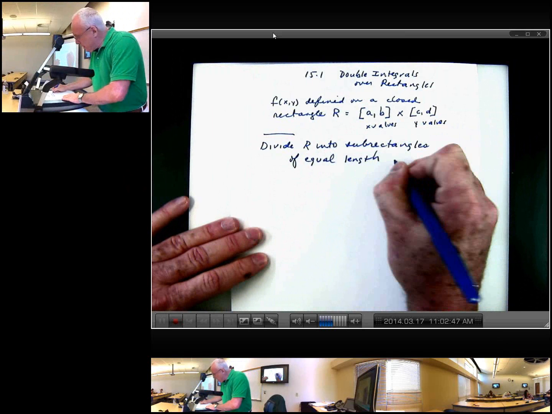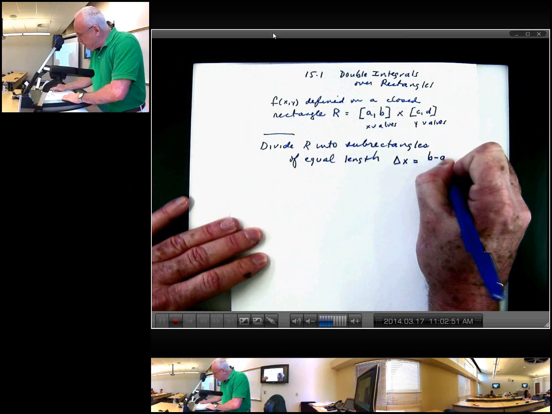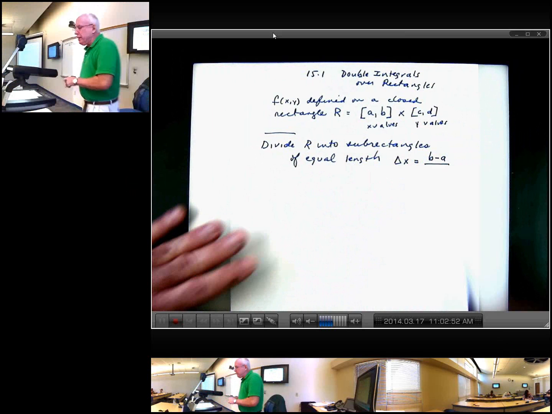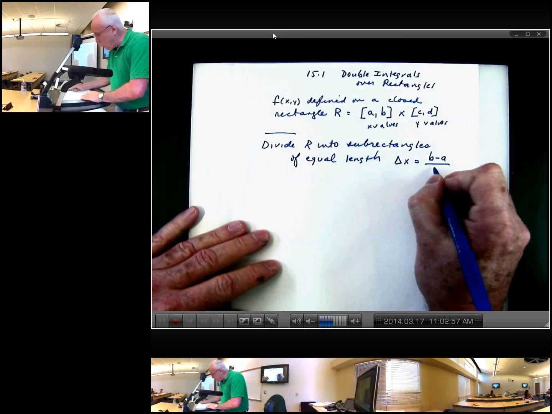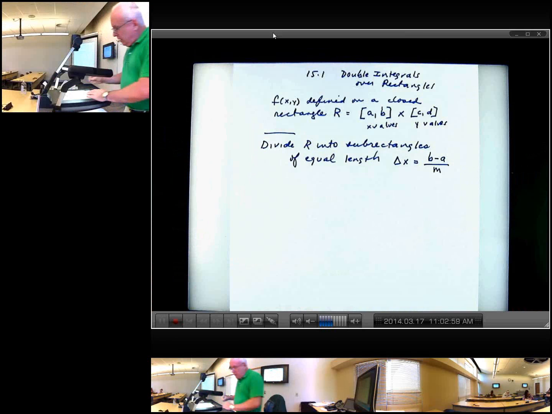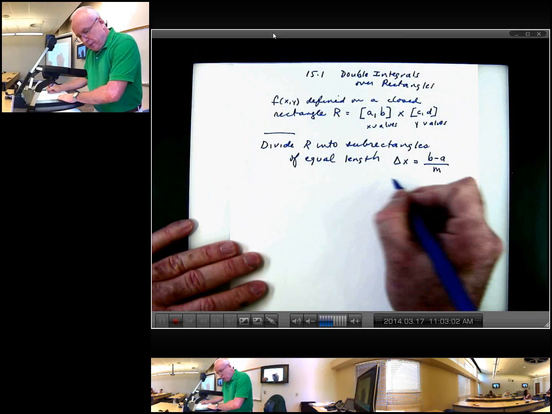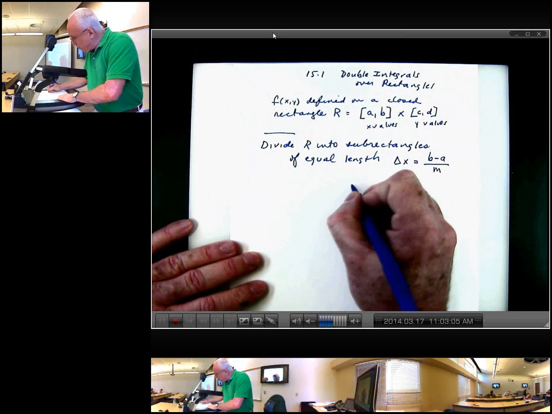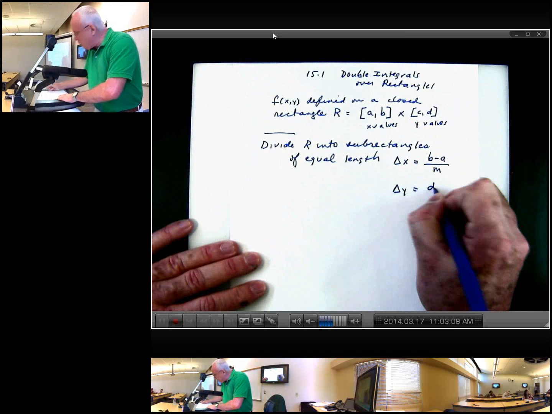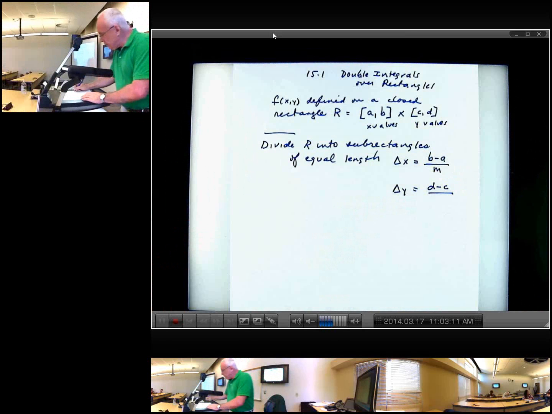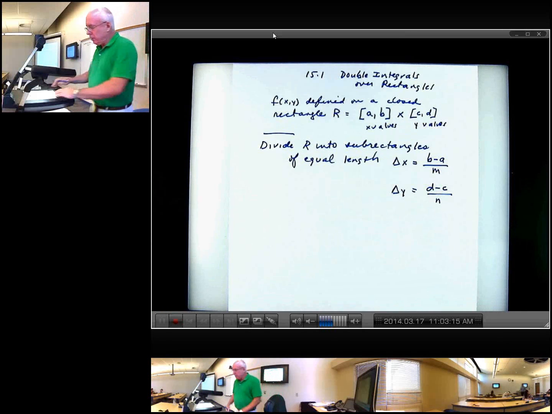Okay. Delta x, the change in x, is going to be the difference of the x values, b minus a, divided by some whole number m, and delta y is going to be the difference in our y values divided by some other whole number n. Okay.